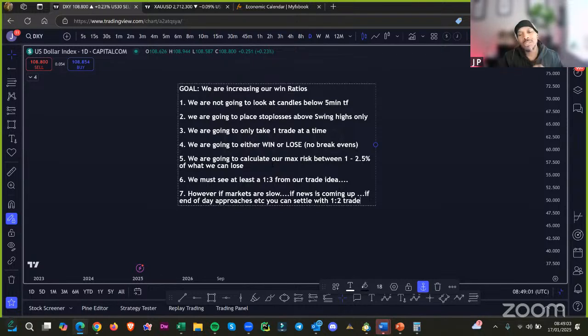I don't want you taking 1 to 2 trades, but I don't mind; 1 to 2 trades are acceptable. But you should be aiming for 1 to 3.